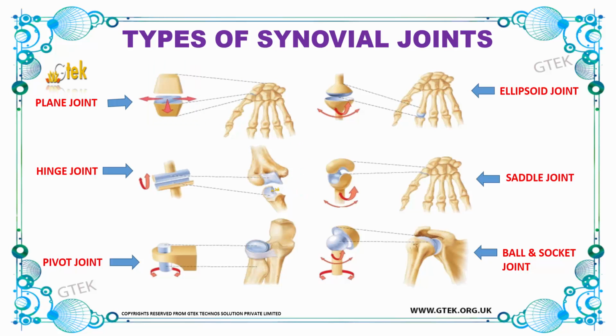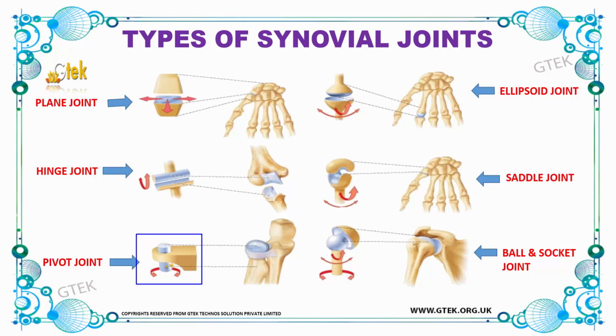If you see hinge joint occurs in the bones where you have your upper arm and your lower arm is joined using your hinge joint. Your pivot joint is a joint that happens near your neck.